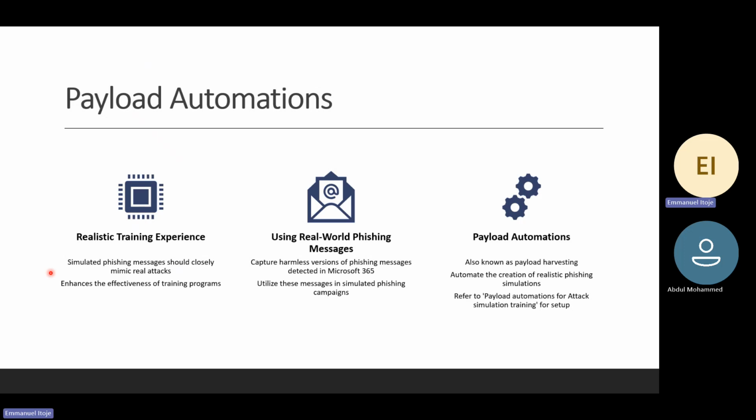At the end of the day, you want to enhance the effectiveness of the training program, because you want to ensure that users are actually getting the knowledge from this training. You're trying to ensure that they are not the vulnerable end of your system, because it only takes one user to be phished. Once the bad actor is inside the system, they can begin to find their way using lateral movement, right?